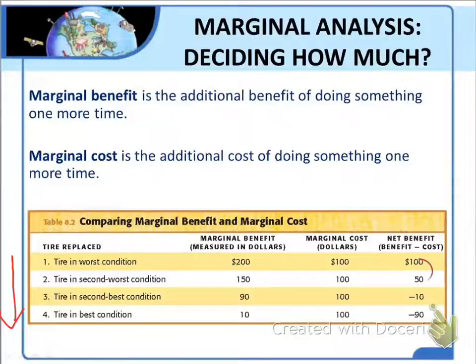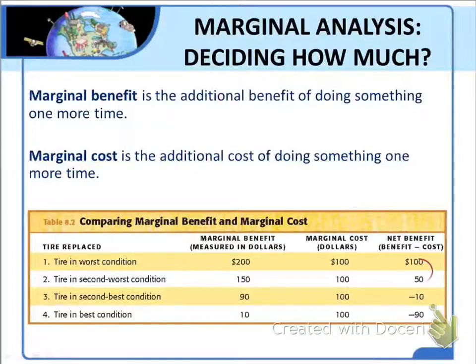Along with the marginal benefit and the marginal cost, and finally, the net benefit of replacing each tire with a new one. Now, the marginal benefit of a new tire is the increase in the resale price of the car that would result from the installation of that tire.